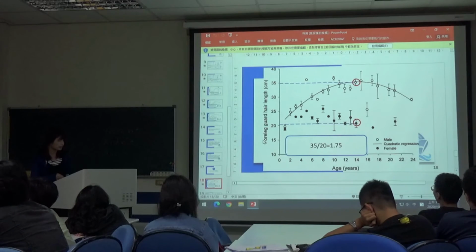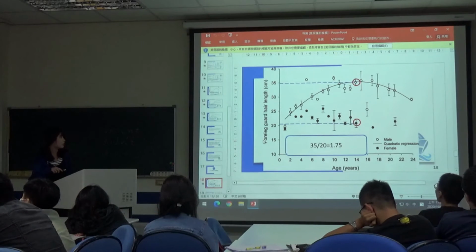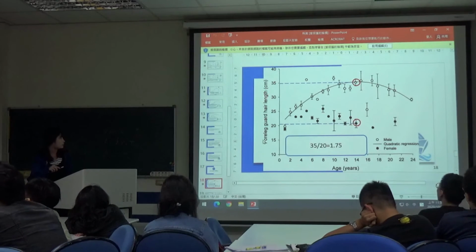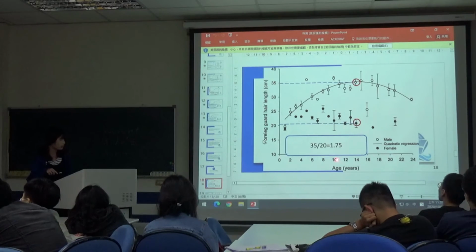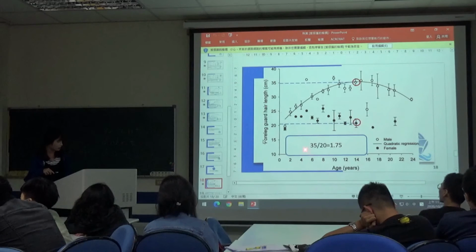the paper doesn't calculate the sexual dimorphism of guard hair length, so we can calculate it by myself. We choose this male data, about 35, and the female data is about 20. So 35 divided by 20 equals 1.75.